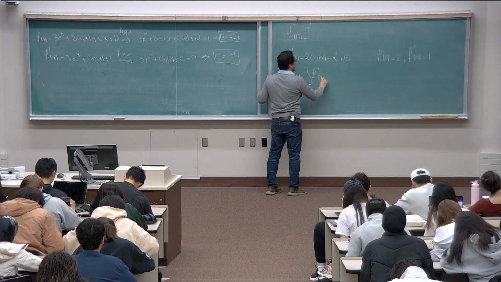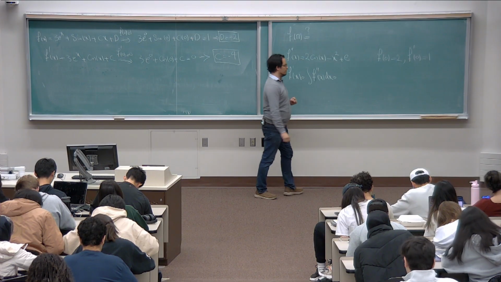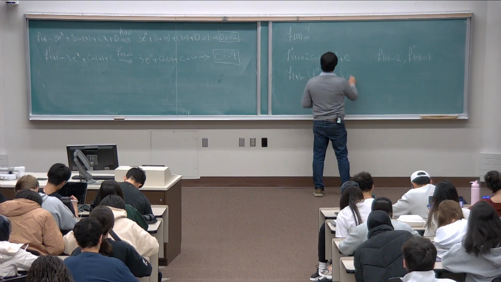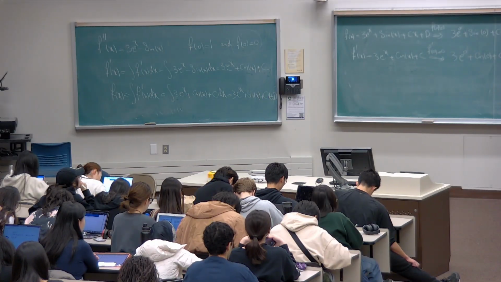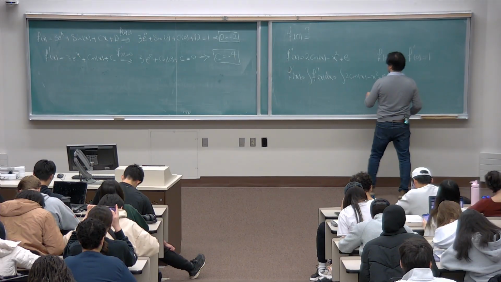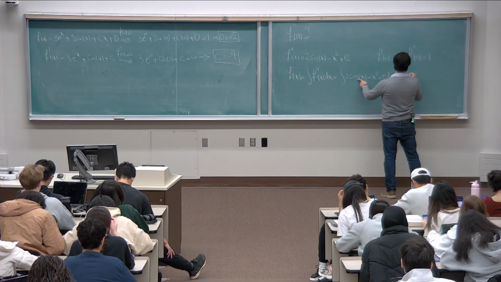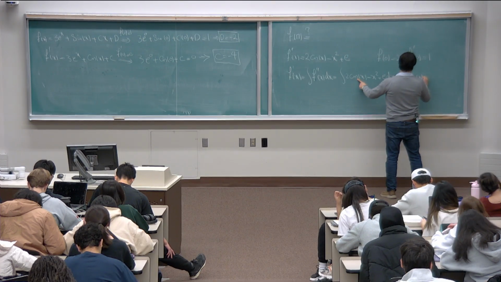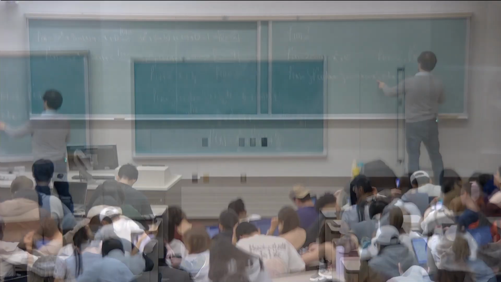So f prime of x is the antiderivative of f double prime. So I have to integrate this. I know that the antiderivative of cosine is sine. The antiderivative of x squared is x cubed over 3.